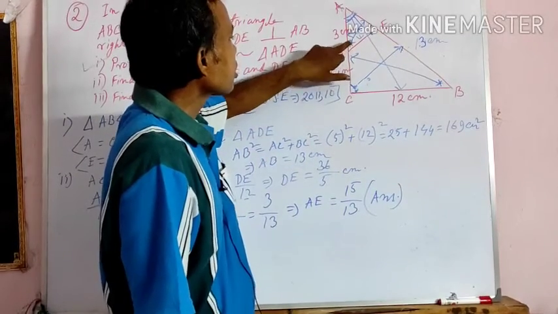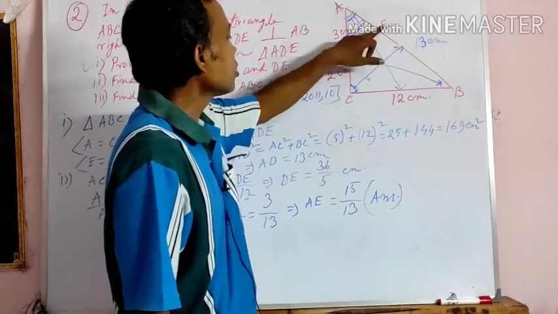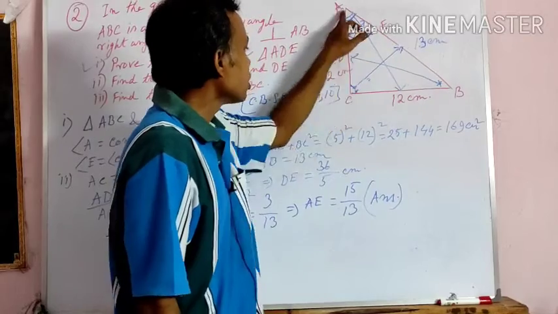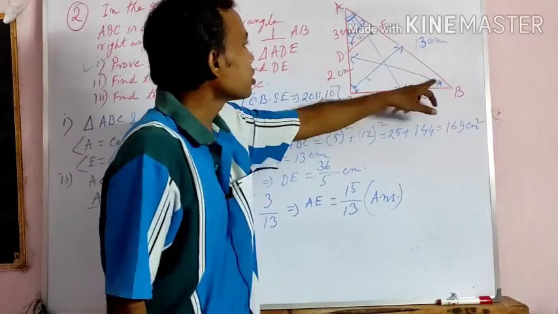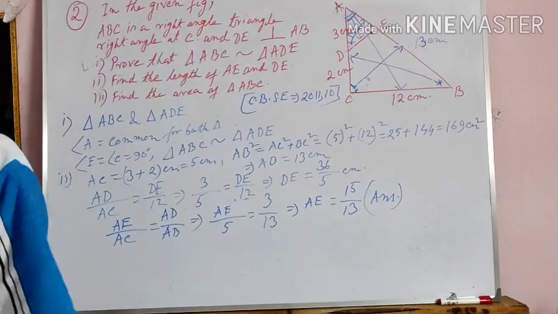Suppose this is star. Angle B is equal to angle B. In front of this side AE by the star side, AC. So very important. Let us solve the next question.